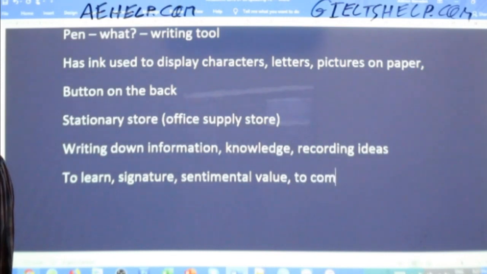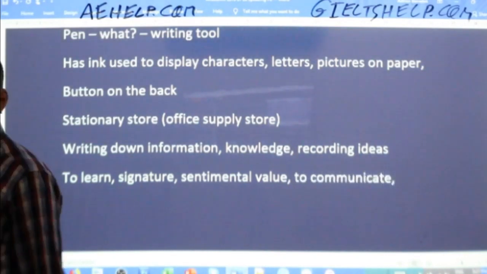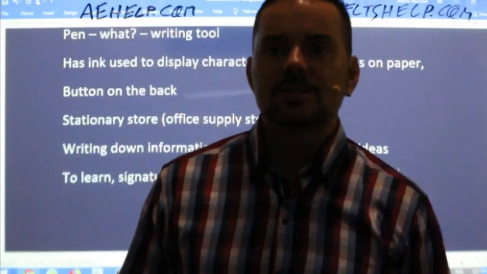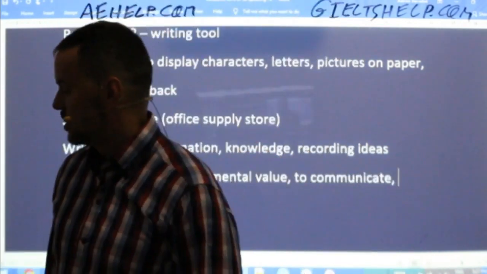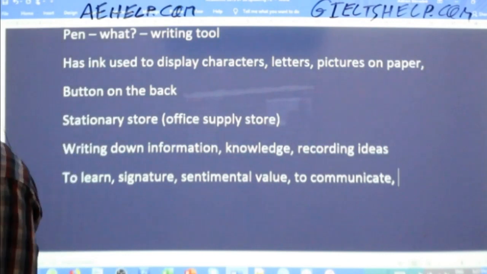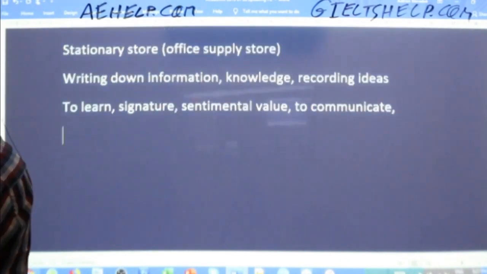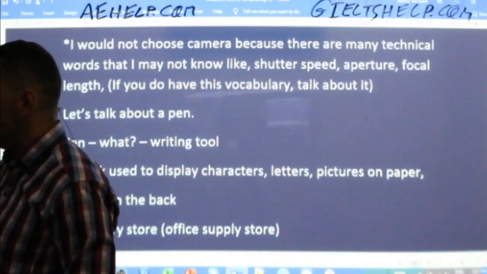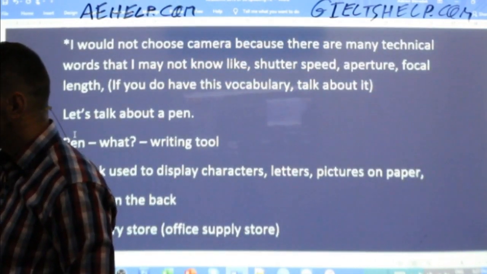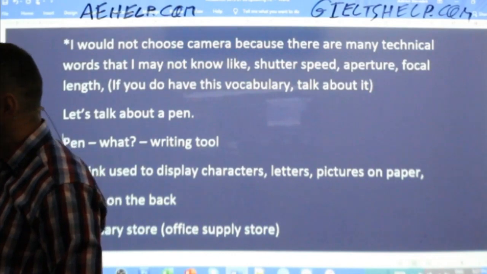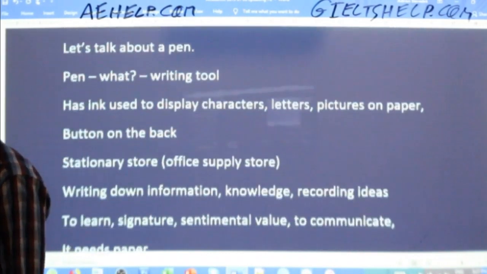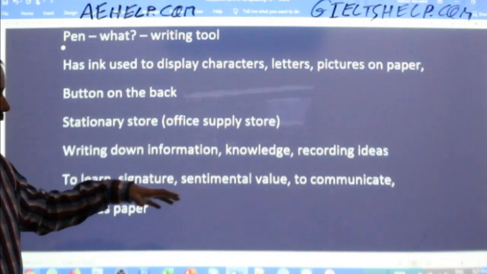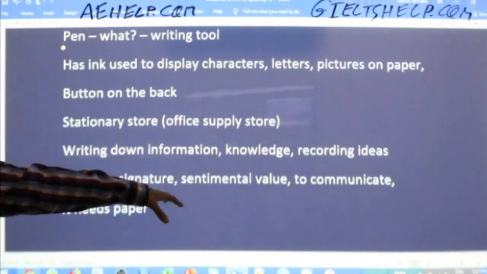To communicate, right? Keep it simple. Keep your ideas simple to communicate. Alvina says to express words on paper. So it needs paper or some kind of a writing medium, right? Okay, so here I have my origin, I have my function, I have my value, so its importance.